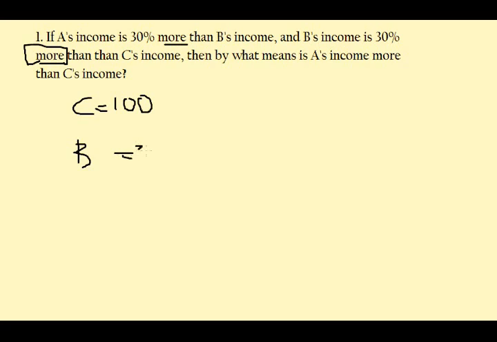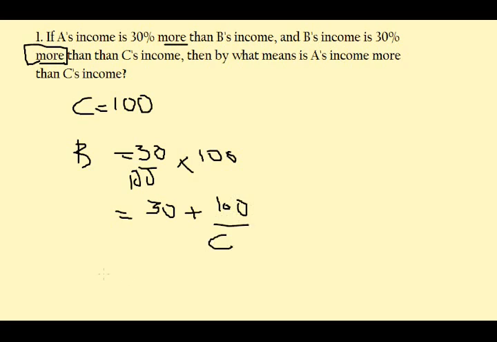30% of 100. I'm sorry for the handwriting, but I hope you understand this. That is equal to 30. Now it is said to be more than C's income, so we add 100, which is C's income. So B's income comes out to be 130 rupees.